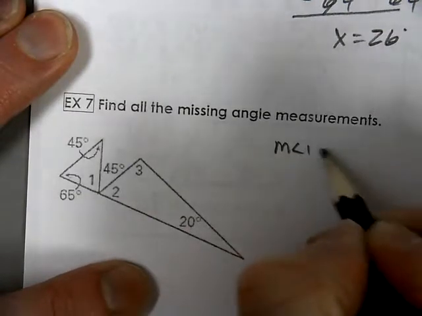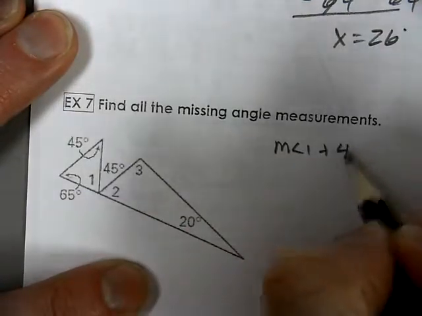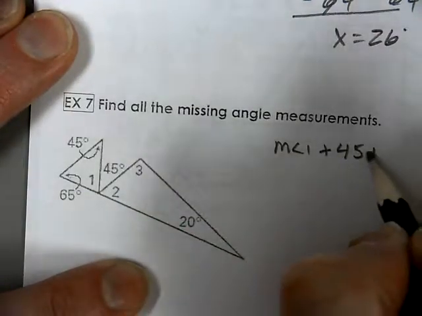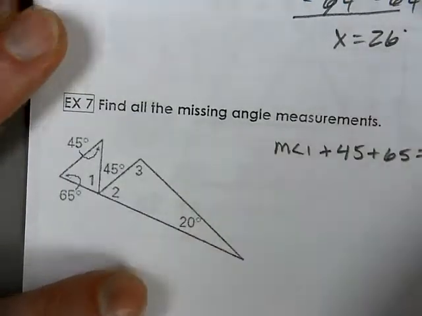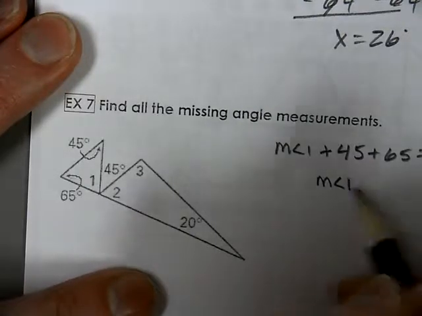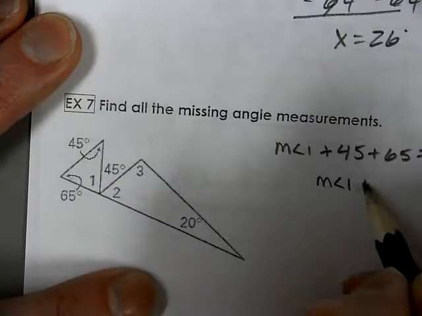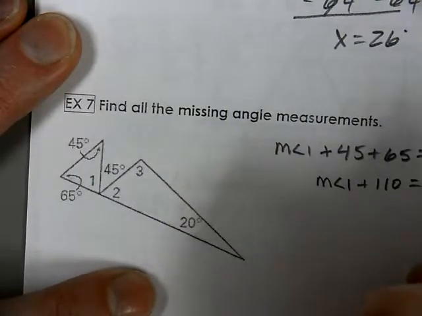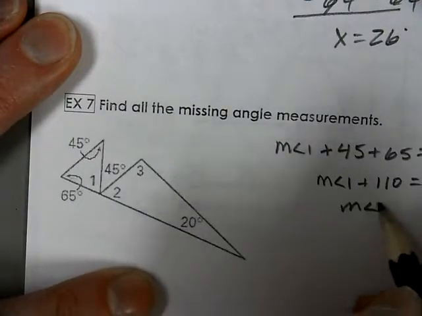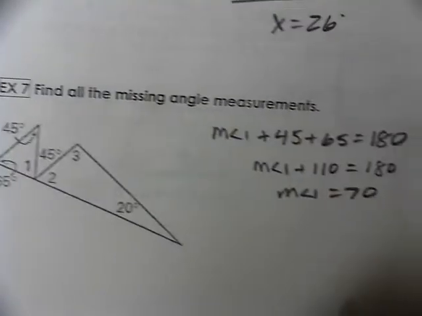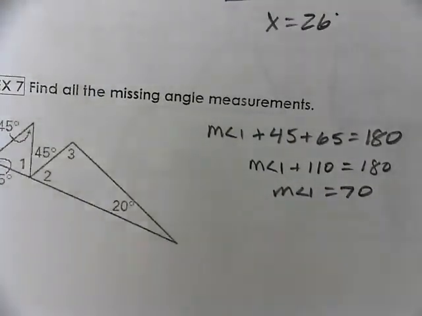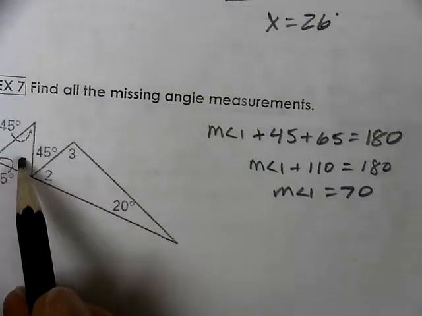So the measurement of angle 1 plus 45 plus 65 has to add up to 180. So the measurement of angle 1 has to be 70 when you subtract 110 to the other side. So that tells us that this is 70 degrees.